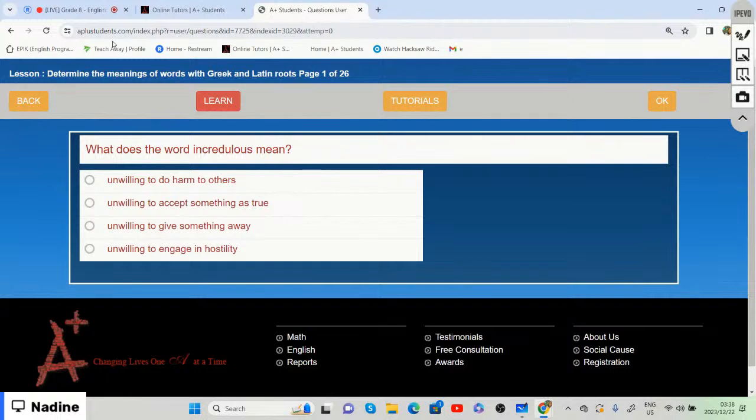So incredulous, what does it mean? Is it willing or unwilling, sorry, to do harm to others? Unwilling to accept something as true? Unwilling to give something away, or unwilling to engage in hostility?